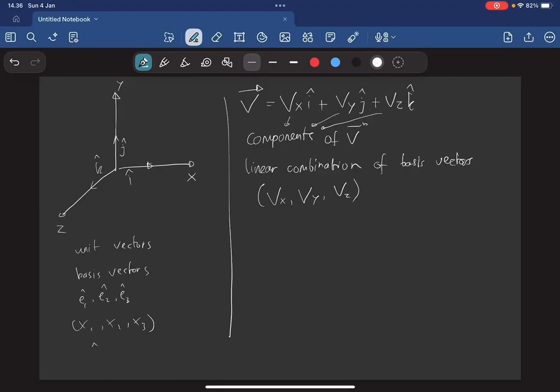The magnitude of a vector can be given in terms of its components by applying the 3-dimensional Pythagorean theorem: the square root of fx squared plus fy squared plus fz squared. We can multiply a vector v by a scalar alpha in terms of components by multiplying its components by alpha.